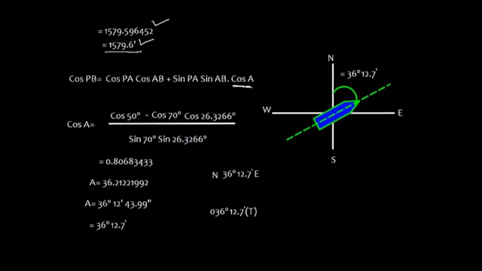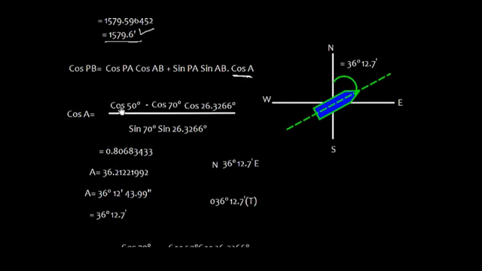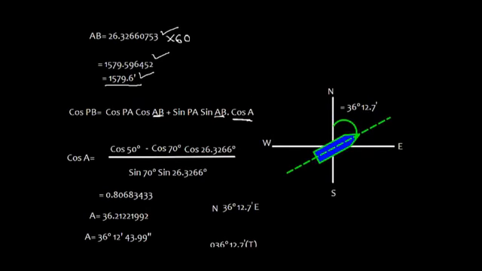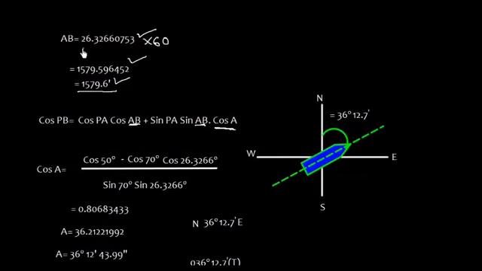Similarly, we got this value after punching the values here, and the value of PA, value of AB we had just calculated here. Let me just scroll it up, and I have taken this value only, 26.3266. This is good enough to use.